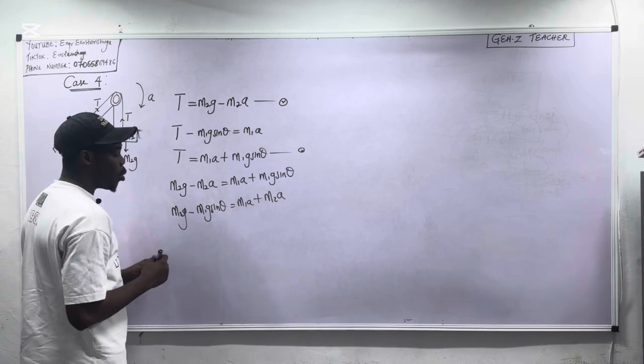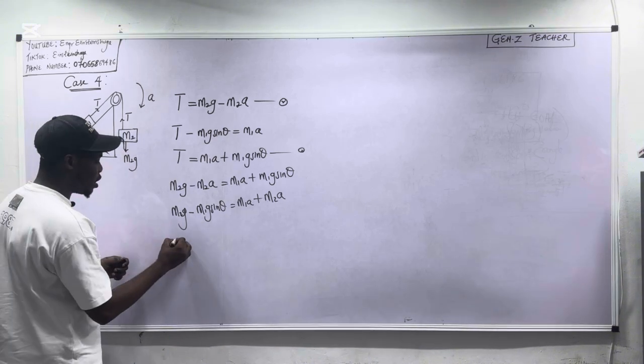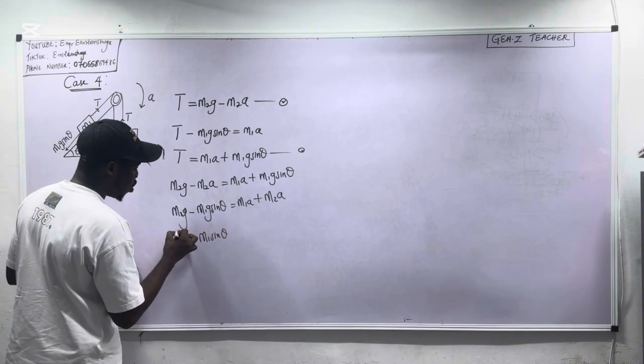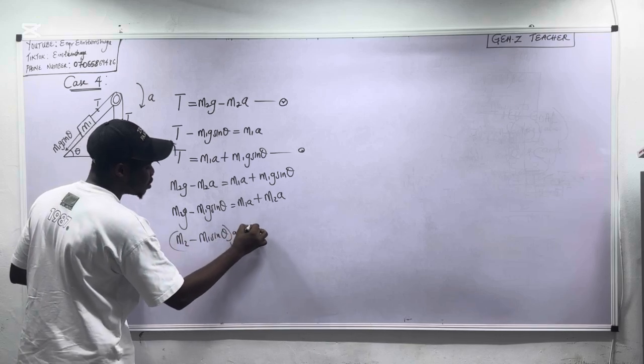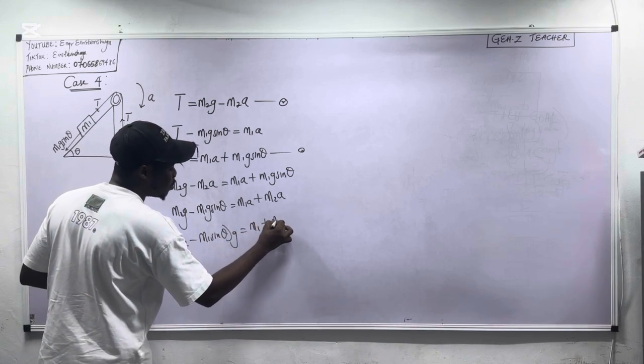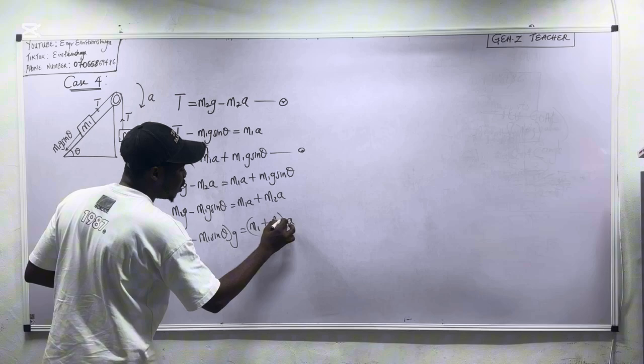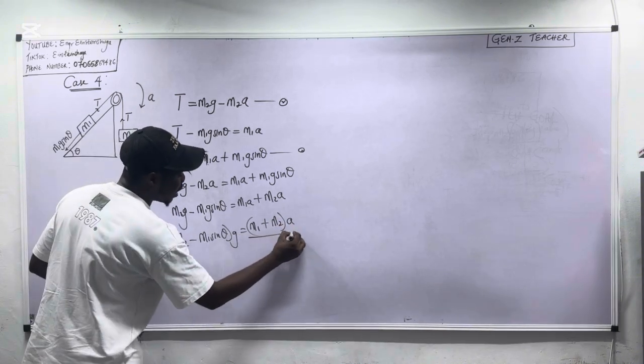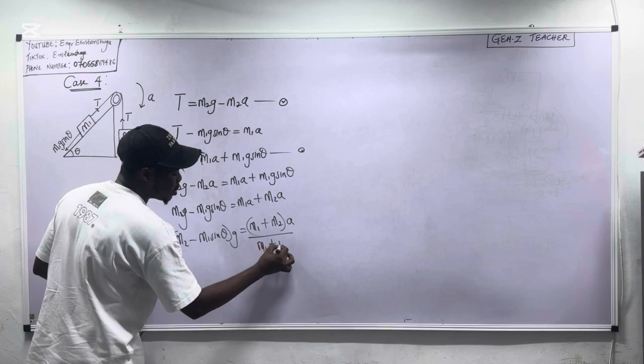Remember, g is common on the left hand side, so we can say (m2 minus m1 sine theta) all into bracket g becomes equal to (m1 plus m2) all into a. Remember, we are looking for a, so we divide both sides by m1 plus m2.